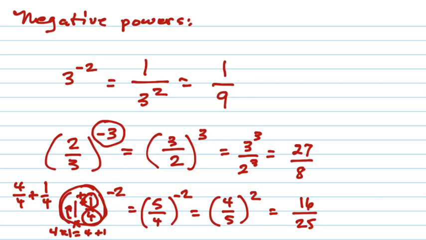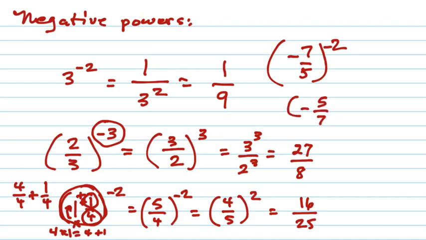What do you do with the fraction's negative? If the fraction's negative, go ahead and take care of it. Remember, the negative exponent's not going to affect the sign. So if you have like negative 7 over 5 raised to the negative second, the negative exponent just tells you that the numbers are in the wrong place. It doesn't matter about the sign.